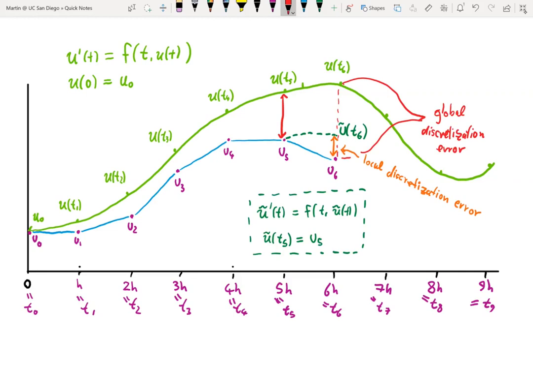We can use the stability theorem from our previous lectures then to estimate the difference of u at time t6 and u tilde at time t6. And now you can tell, if I have an estimate for the local discretization error and for this difference between u tilde and u at time t6, then I can use that to get an estimate for the global discretization error at the next time step.